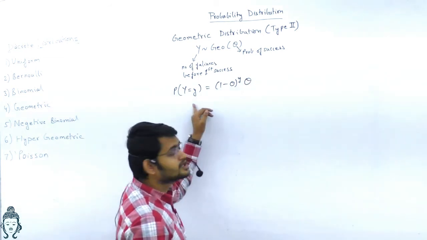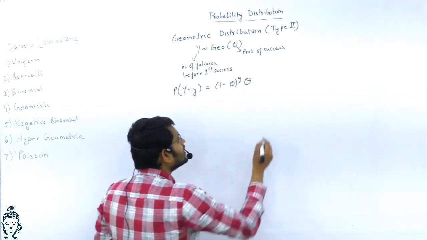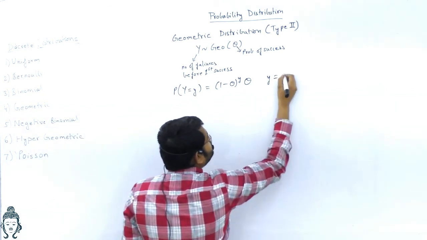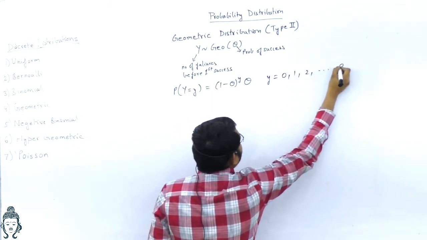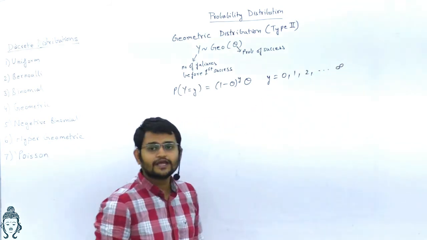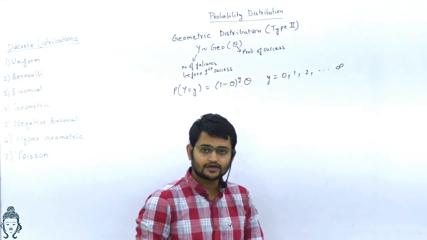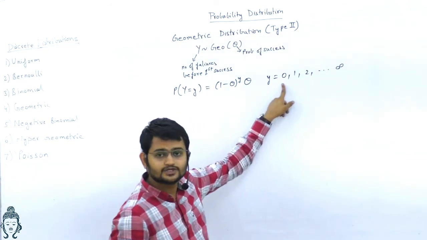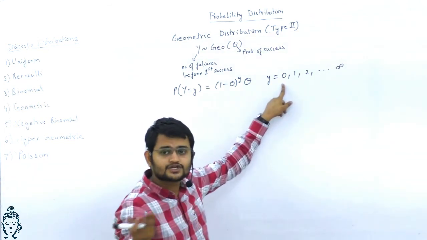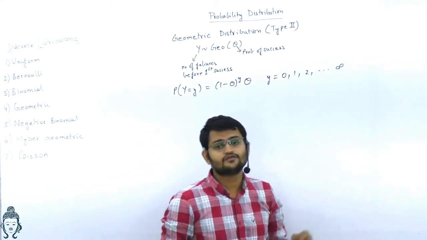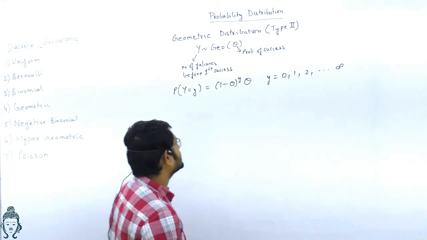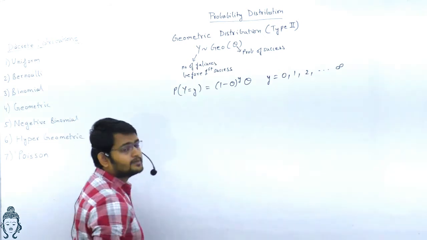So this becomes P(Y = y), where the possible values of y are 0, 1, 2, 3 till infinity. The minimum number of failures that we can have before we get our first success is 0, where the first trial is our first success, or 1 or 2 till infinity. So this becomes our probability distribution.